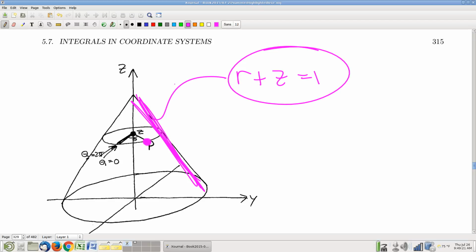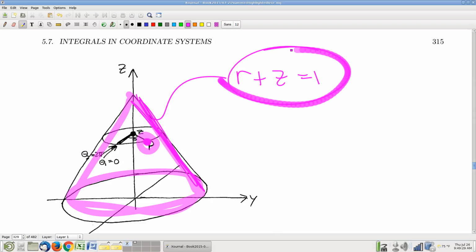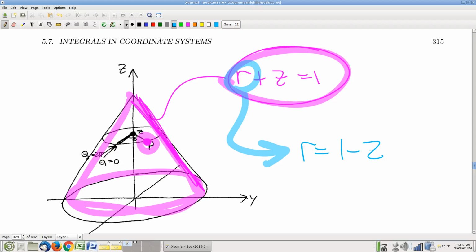Okay, right. So here we go. We're trying to figure out the upper bound for r. The bound is determined by this point. This point is on this surface. That surface has this equation. I'm looking for r, so solve for r in the equation. r is equal to 1 minus z.